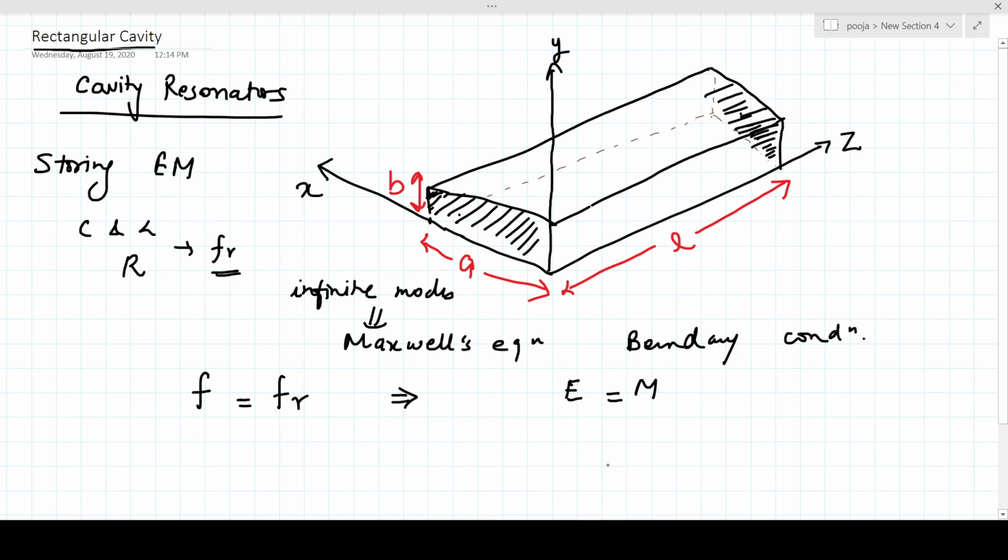This is the resonance condition. When the frequency of the impressed signal equals the resonant frequency for a particular mode, the stored electric and magnetic energy become equal, and the standing wave pattern has the maximum amplitude.